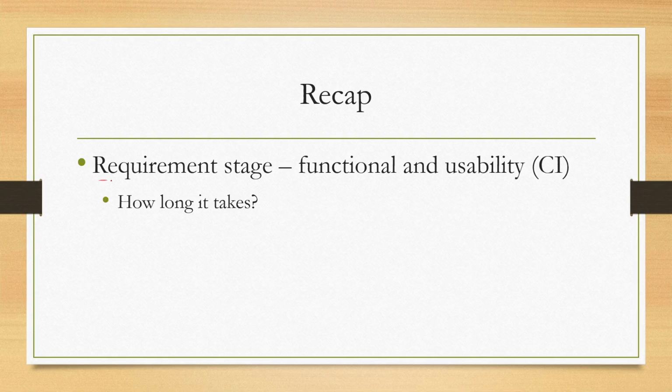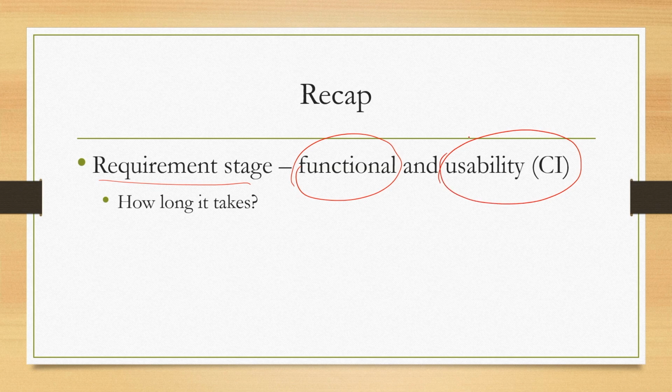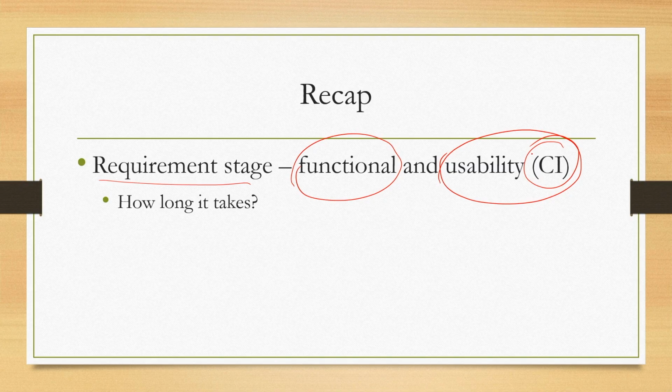So, before we move to the issue, let us quickly recap in each stage what happens. So, in the requirement gathering stage, we gather requirements for functional and non-functional, that is usability requirements. We may need to carry out different methods or approaches to collect the requirements, such as contextual inquiry, which we have discussed in details.